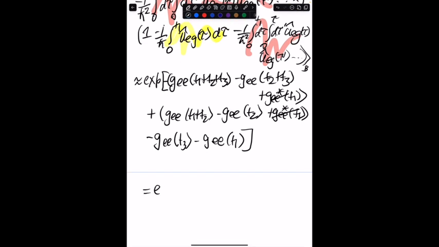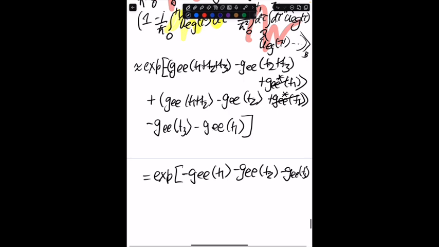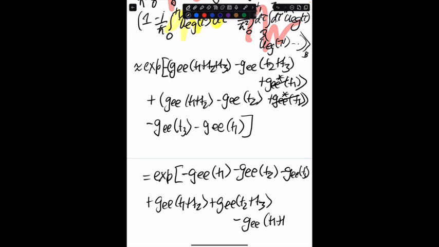So you get exponential of minus G(T1) minus G(T2) minus G(T3) plus G(T1 + T2) plus G(T2 + T3) and minus G(T1 + T2 + T3), and this is F4. So we have successfully derived all four dephasing functions.